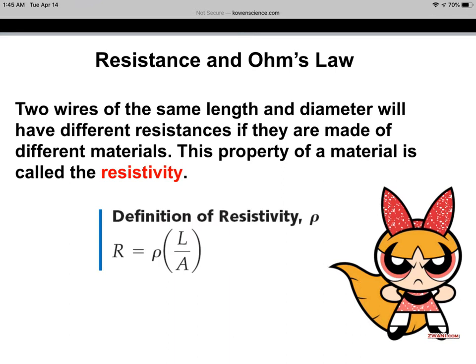In this formula, this is the Greek letter rho for resistivity. So we can get our resistance by taking our resistivity, times the length of the wire, divided by the cross section. The units of resistance would be in ohms for your answer.